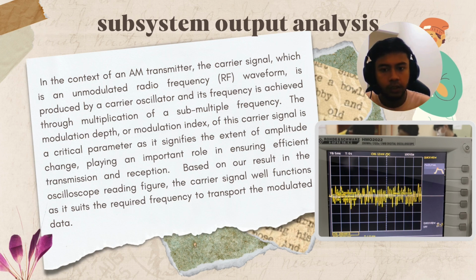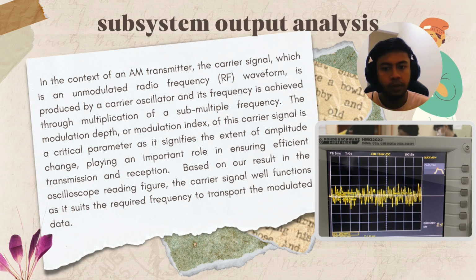So in the context of an AM transmitter, the carrier signal, which is an unmodulated radio frequency waveform, is produced by a carrier oscillator, and its frequency is achieved through multiplication of a submultiple frequency.